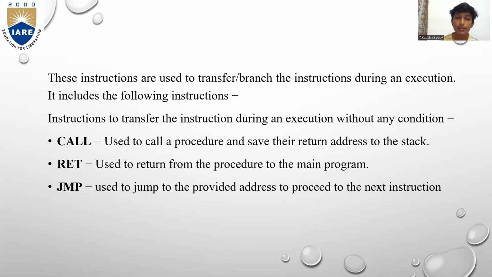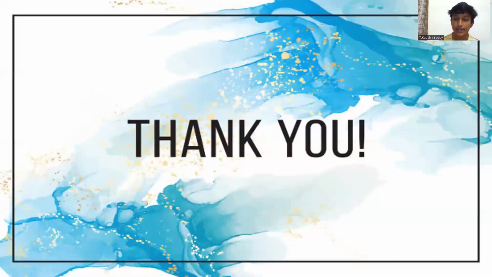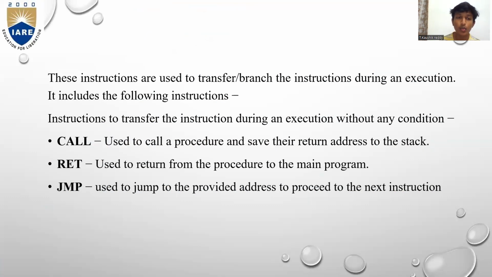JMP is used to jump to the provided address to proceed to the next instruction. CALL is used to call a procedure and save the return address to the stack. And RET, return, is used to return from the procedure to the program.